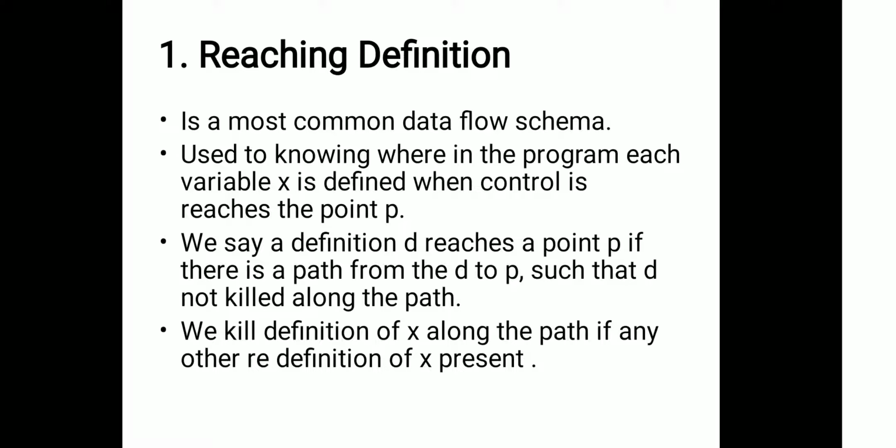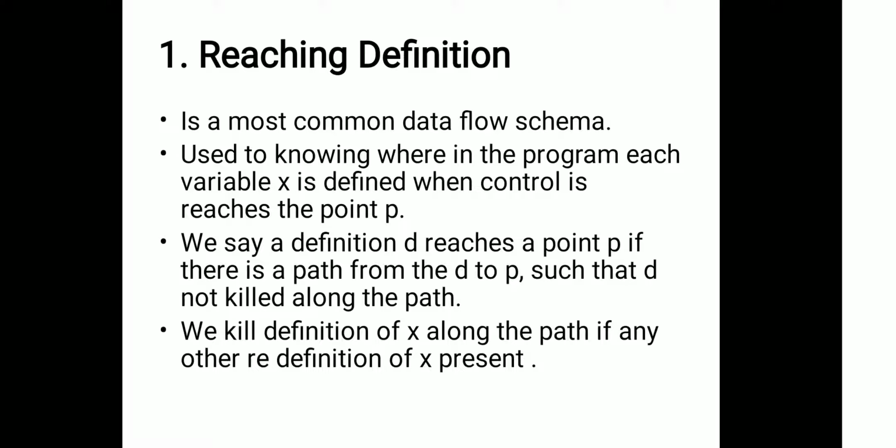So we say a definition D reaches a point P if there is a path from D to P, that is, a control flow path, such that D is not killed along the path.